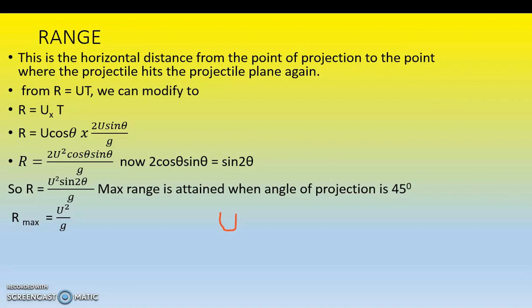When we plug in 45 into the equation of range, we are going to get u squared sin 2 times 45. 2 times 45 will be 90, divided by g. Now in trigonometry, sin 90 is 1. So eventually your maximum range will be u squared all over g, just as it is written in our formula.